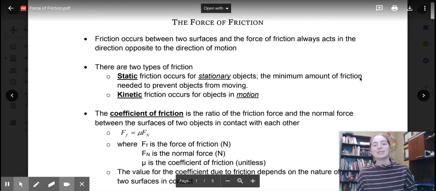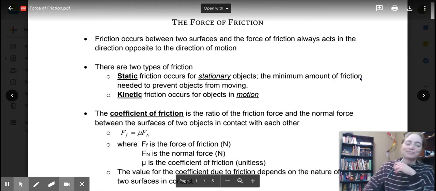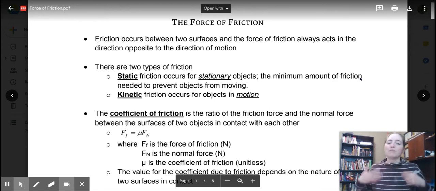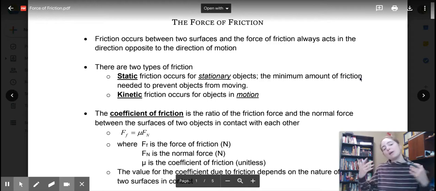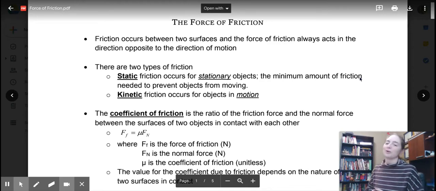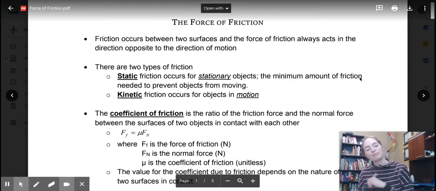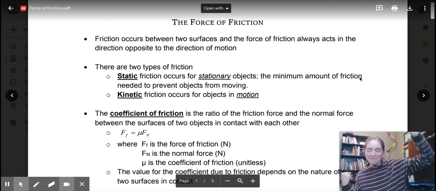Mu is the symbol for coefficient of friction, which we're going to be talking about today. We are going to talk more about friction itself and how we can calculate friction independently from our lovely force net equations. We're still going to use those too, but in an extra way. So, you guys excited?